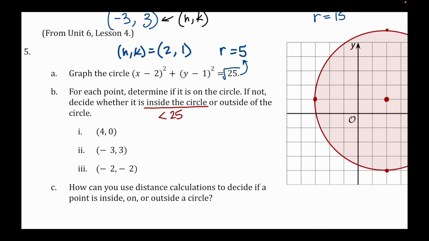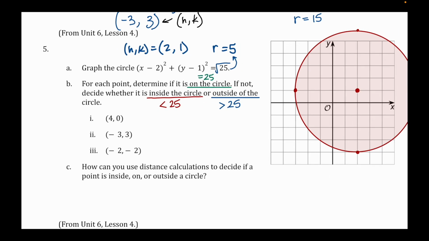Outside of the circle would mean the value is going to be greater than 25. Now, if it's on the circle, it is just going to be straight up equal to 25. So those are our 3 options. On the circle is going to be equal to. Inside means that the radius is less, so it's less than 25.